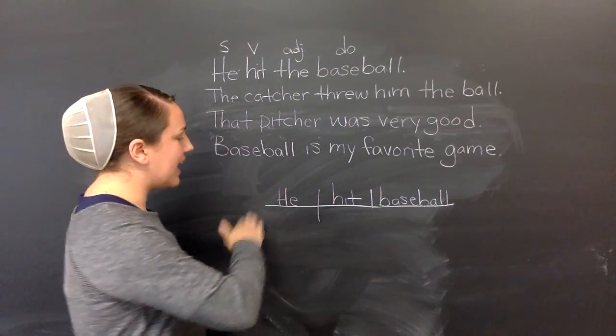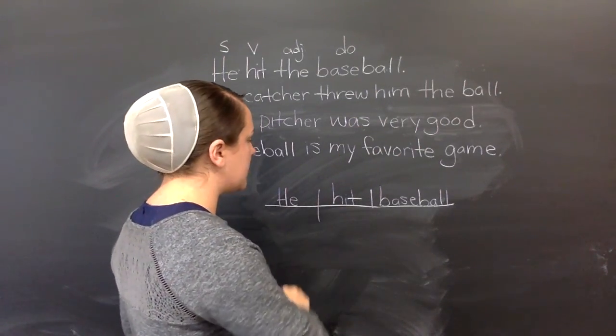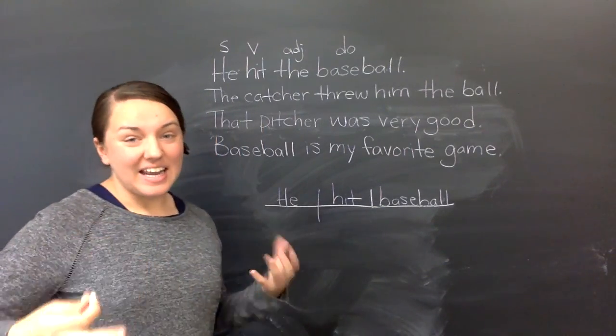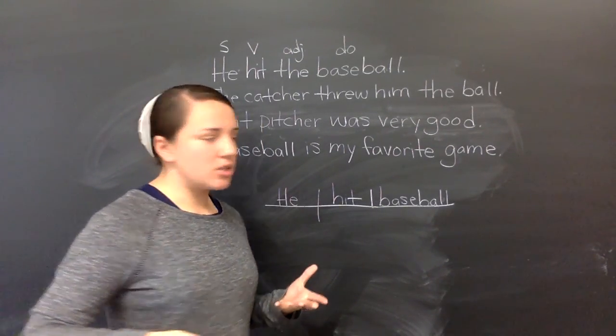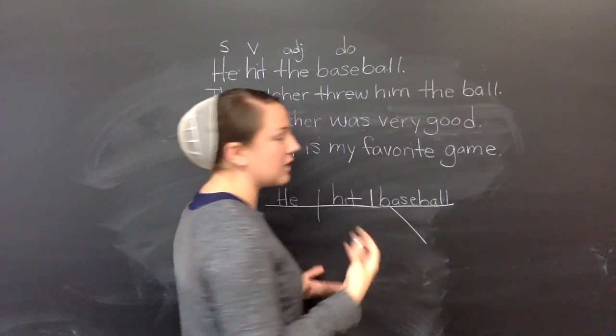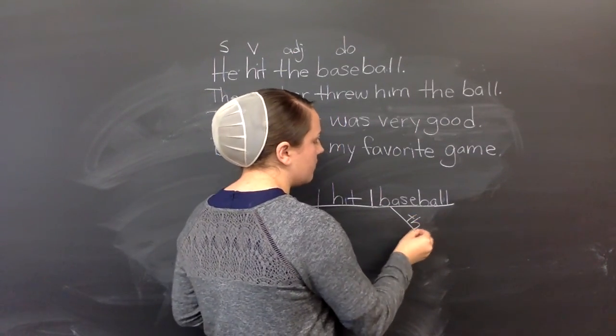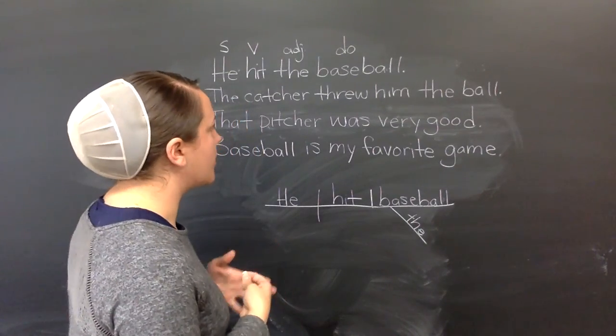So he hit line baseball. And any adjectives describing the direct object go underneath the noun just like they normally would for describing a noun. So that's how we do our direct objects.